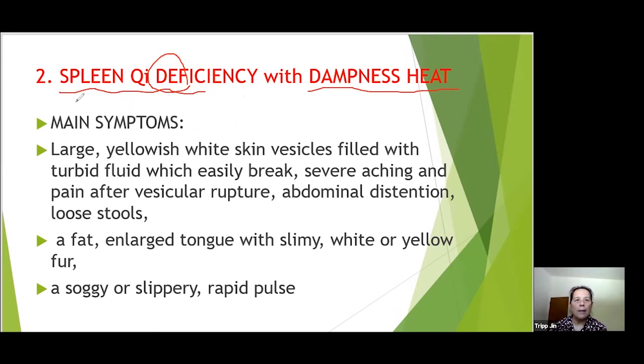When we talk about patients with this kind of condition, usually it's a chronic, long-term problem. Patients are generally weaker, with poor appetite, abdominal distension, loose stool, usually for a little bit longer time.